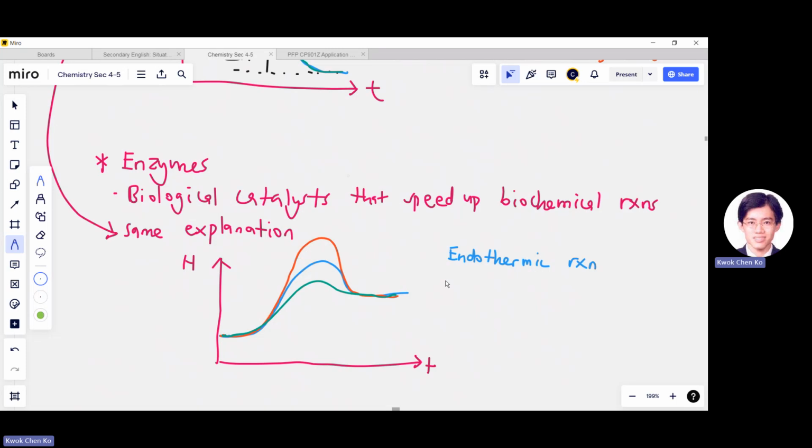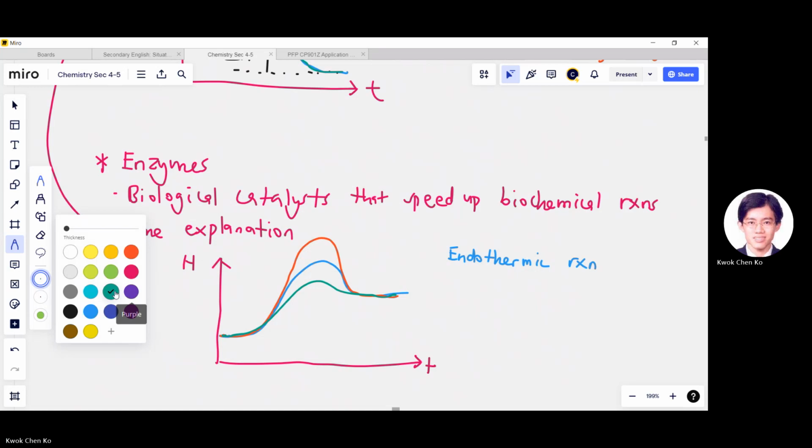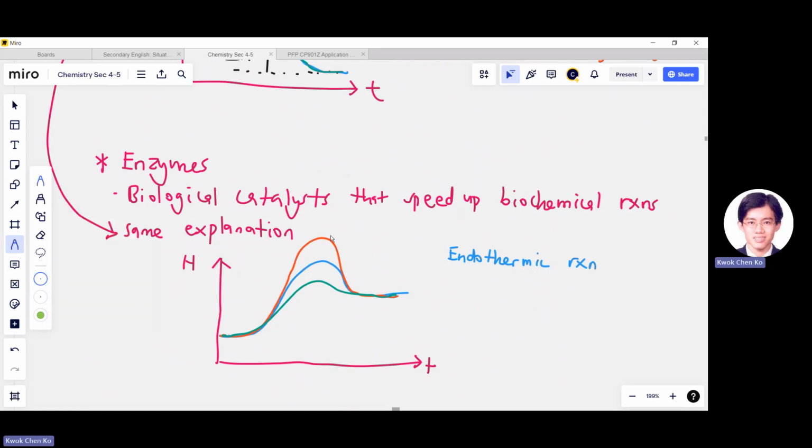So they'll ask you which enzyme is the best. Which one is the most effective enzyme? Green, blue, or red? Which one uses the most effective one? Make sure you can answer this.